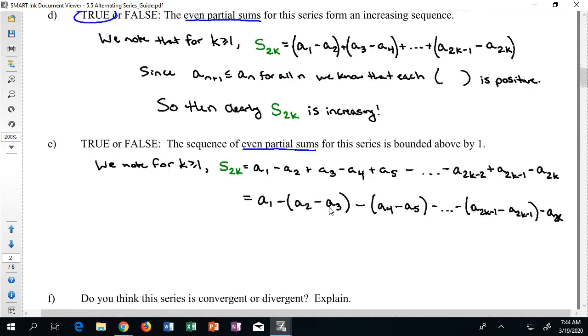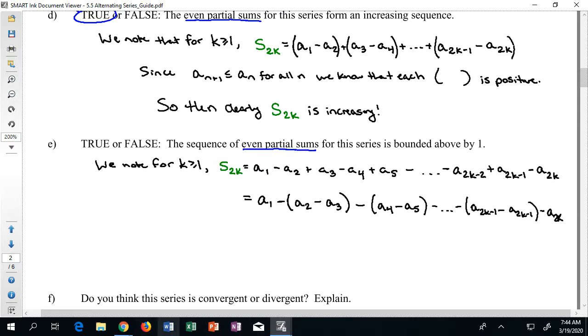So each parenthesis is a positive number, a positive number. And definitely we said that all the things in this list are always positive. So notice that this is just whatever A1 is, minus a number that's positive, minus a number that's positive, minus a number that's positive, minus a number that's positive. And the more things that are in this addition problem, the longer this partial sum goes on, the more stuff I end up subtracting.